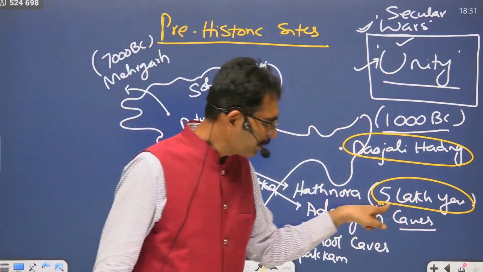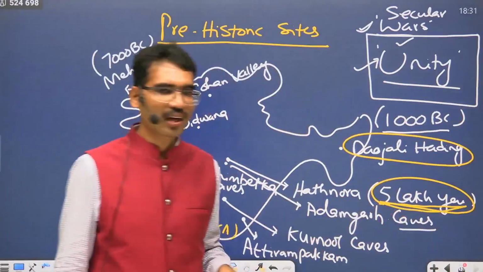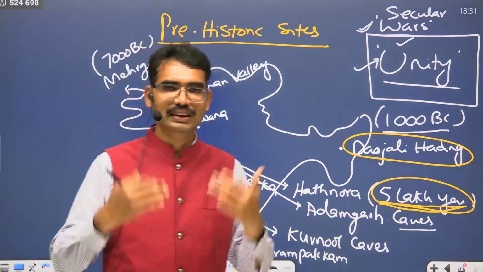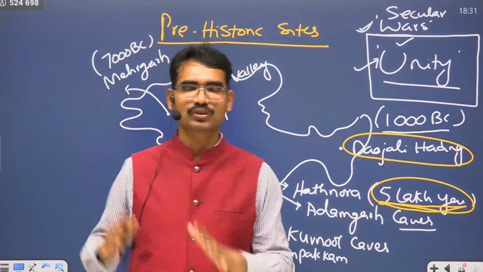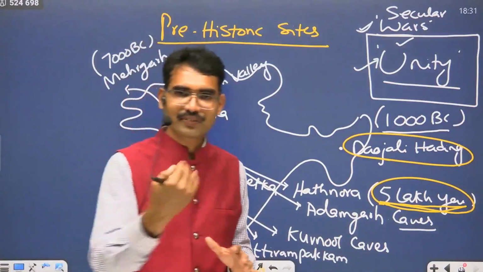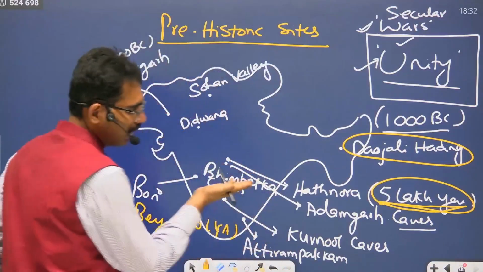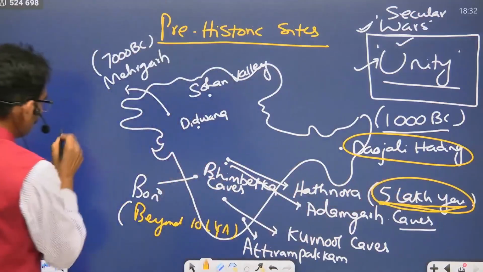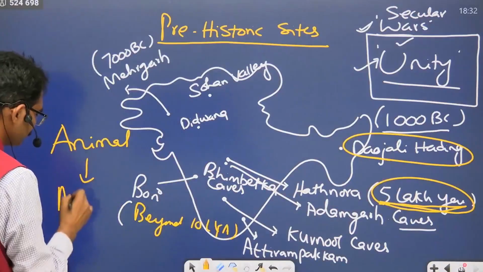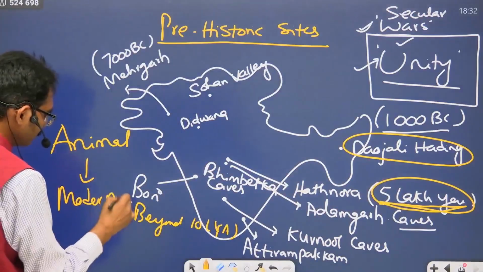Now, the people who lived 5 lakh years ago, are they really humans? That means, do they look exactly like we look today, like 21st century people? Or was there any kind of difference? Definitely there was a difference. Around this time period, humans were emerging from the animal stage to modern humans.